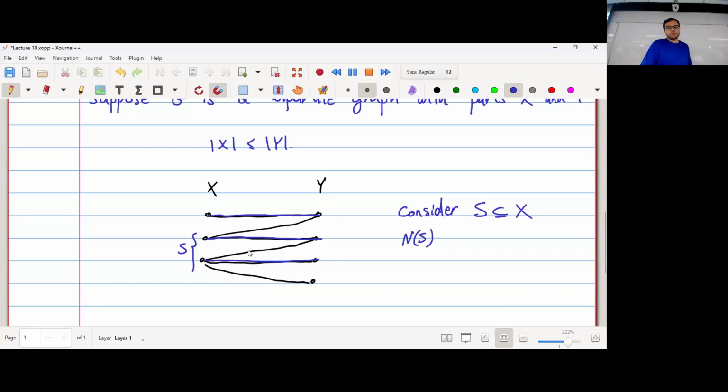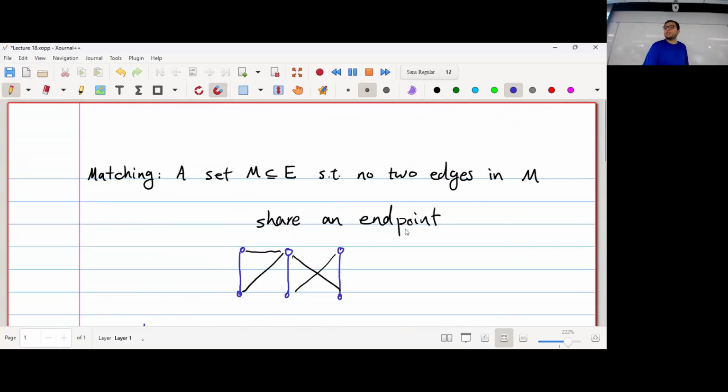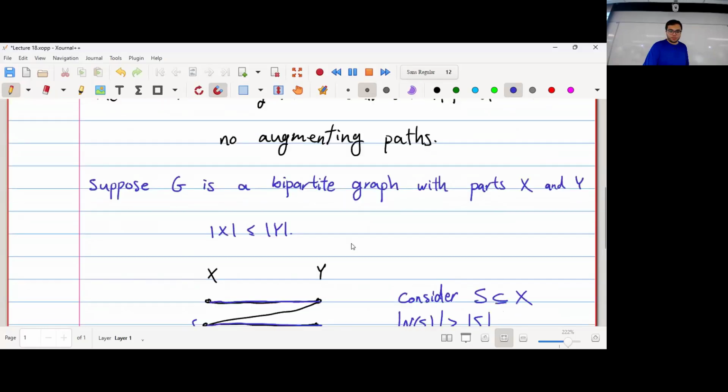Of course, in this case, they have much more than two neighbors, right? But in general, what I see is that the size of neighbors of S should be greater than or equal to the size of S. Because every vertex in S is matched to one of the vertices in the neighbors of S. And it's impossible to match two of them to the same vertex because that's against the definition of a matching. They cannot share.